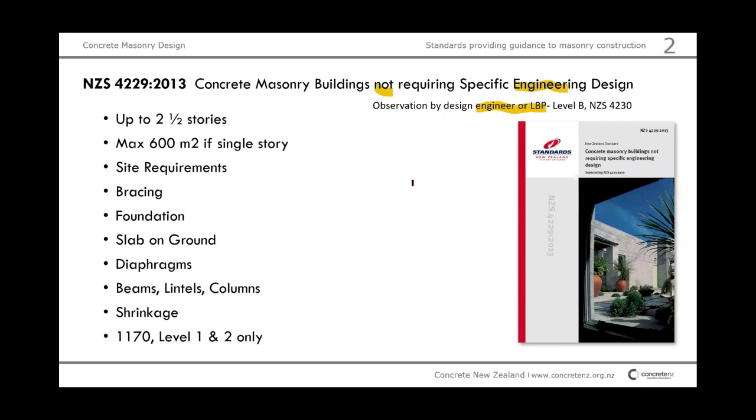The 4229 is limited to 2.5 stories, maximum 600 square meters if it's a single story. It talks about site requirements, how you brace that building, how you design the foundations, what the slab on ground conditions have to be, how you design diaphragms, beams, lintels, and columns, and shrinkage control, and is also limited to levels 1 and 2, and not 3, 4, and 5 of 1170.